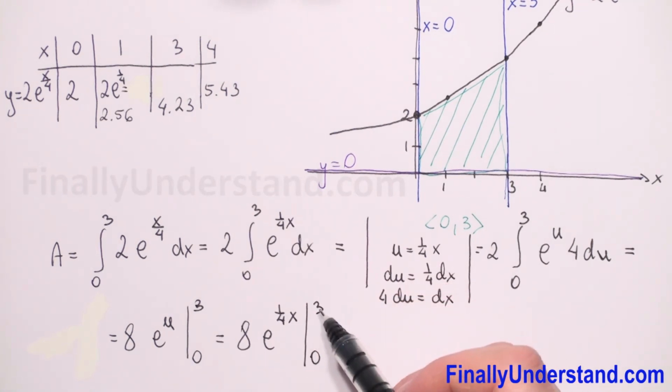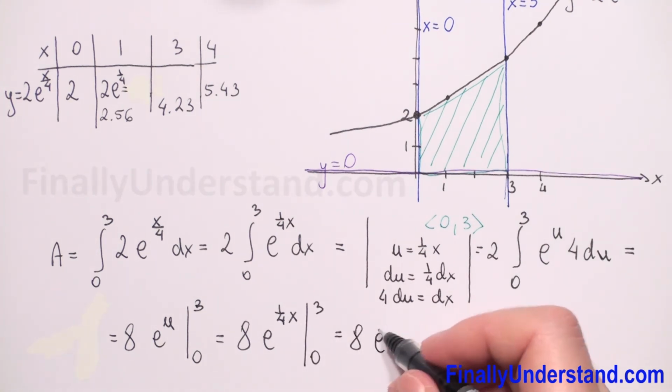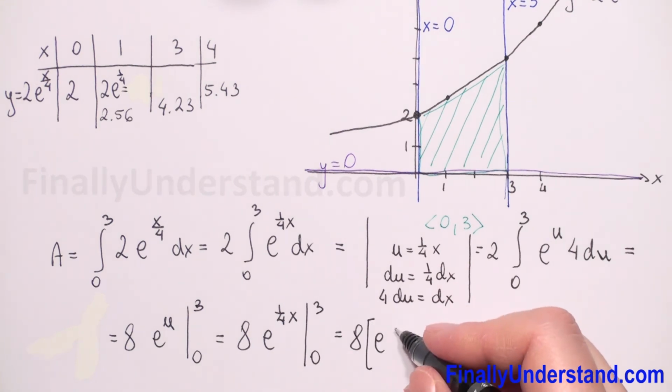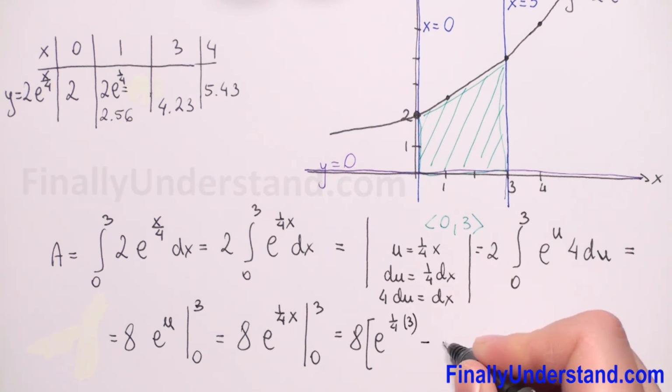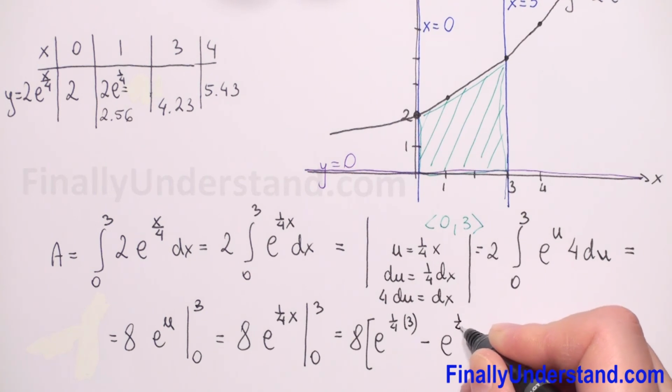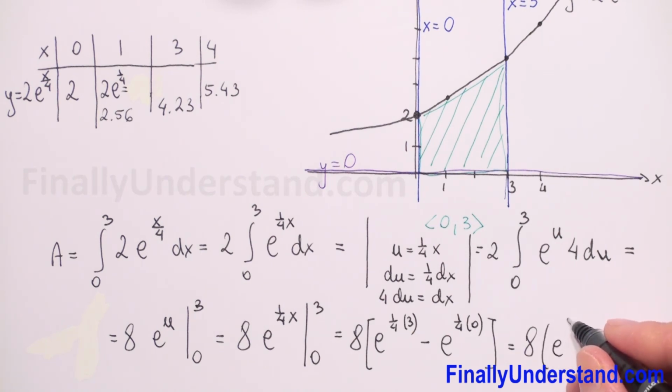So first we plug in the upper limit, so it will be 8 times e to power, let me put this in brackets, 1 over 4 times 3, minus e to power 1 over 4 times 0. So this is equal to 8 times, in parentheses, e to power 3 over 4 minus e to power 0, which is 1.